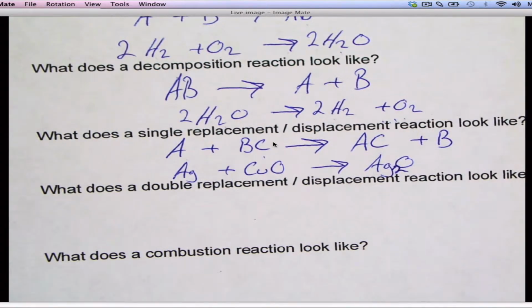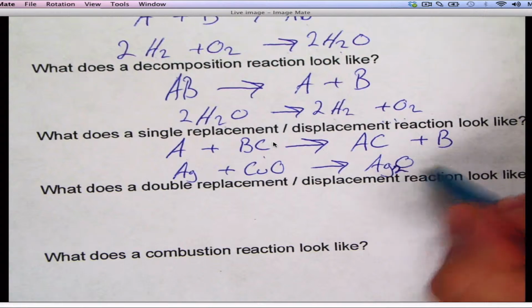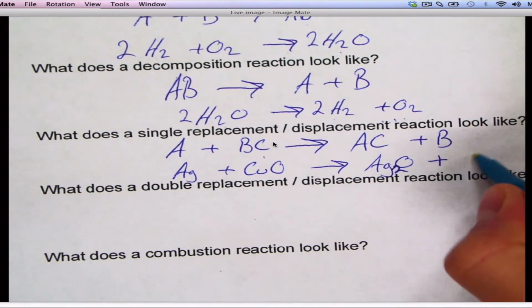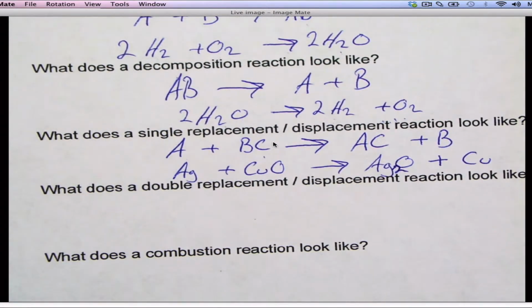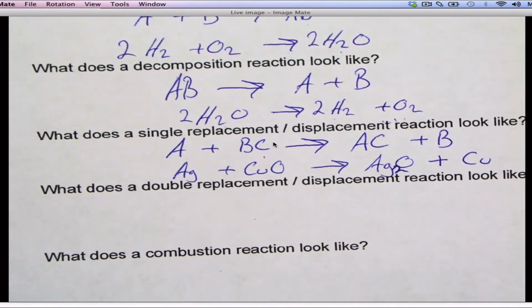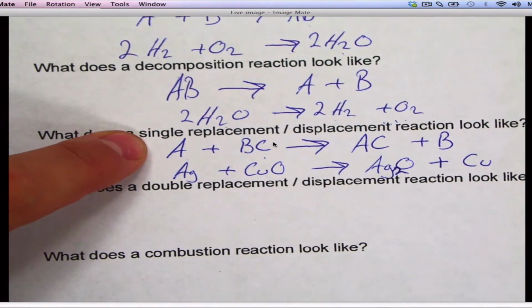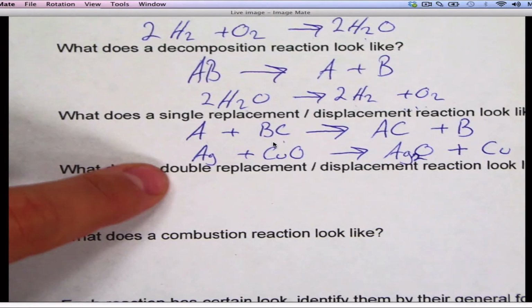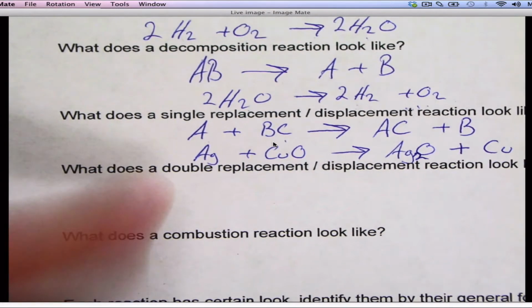This isn't a real reaction. Ag2, because remember you have to drop and swap. We'll talk about that in class. And then Cu. So notice how the one switched spots. Basically switch dancing partners. All right. So now a single replacement, 1 switches. All right. In a double replacement, 2 switch.